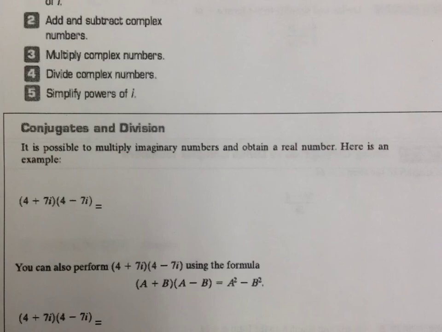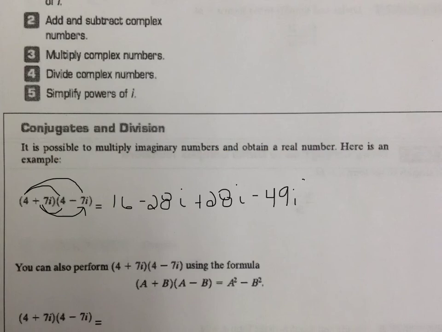and we actually FOILed them out, you would have 4 times 4, that is 16, and 4 times negative 7i, that is negative 28i, and then 7i times 4, that would be plus 28i, and 7i times a negative 7i would be minus 49i squared.